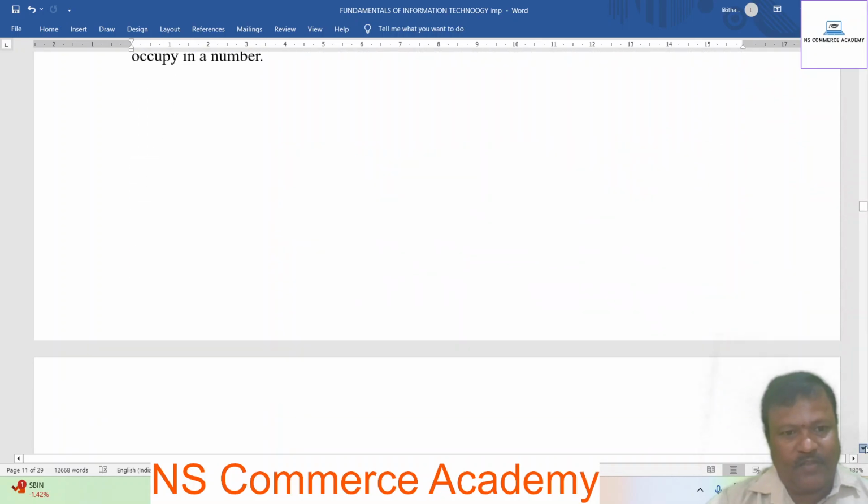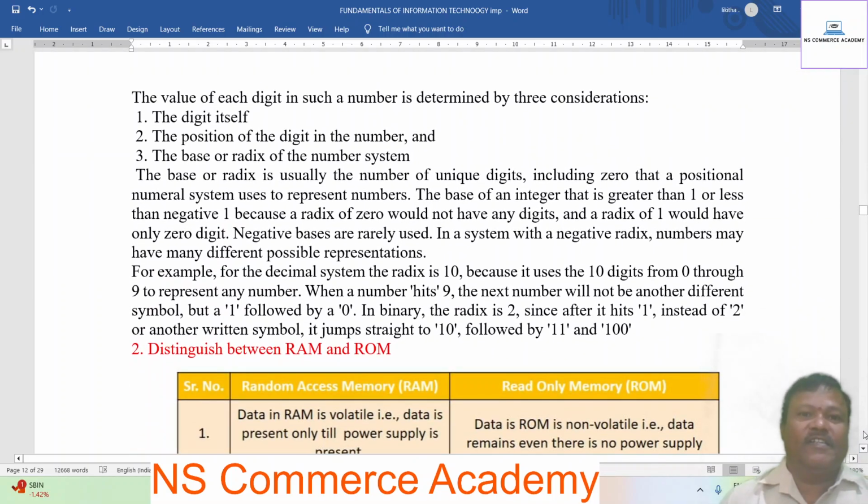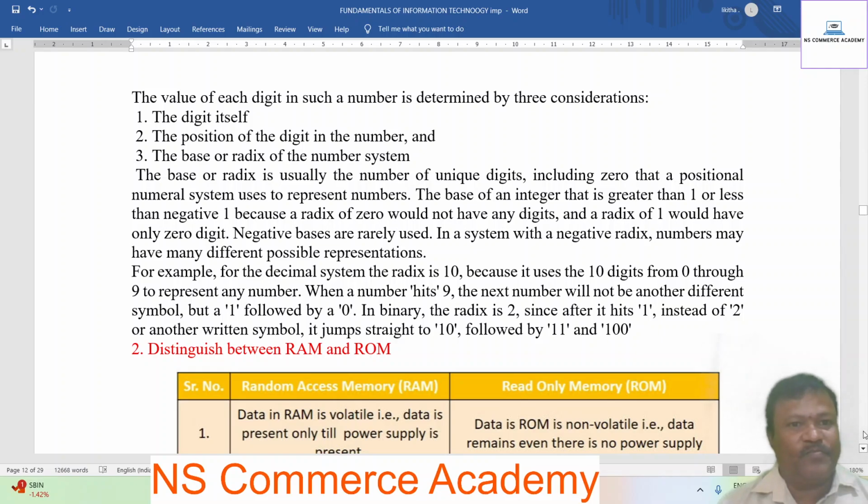Next, coming to point two. The value of each digit in such a number is determined by three considerations. First, the digit itself. Second, the position of the digit in the number. Third, the base or radix of the number system. The base or radix is usually the number of unique digits, including zero, that a positional number system uses to represent numbers.